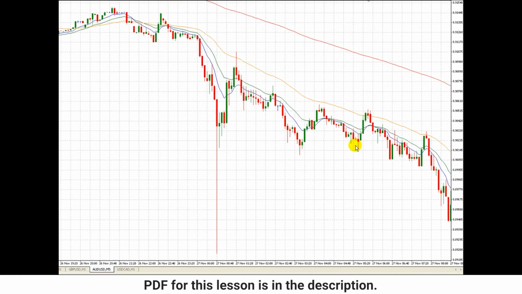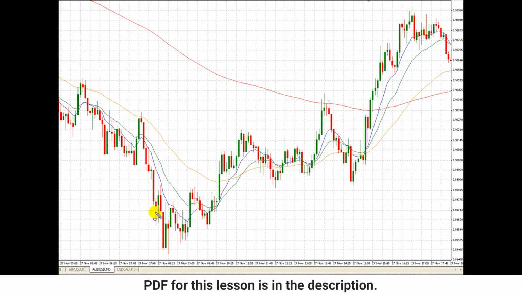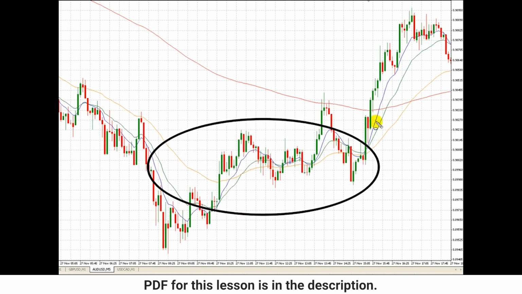So the moving averages are great for giving us a general view of where price is according to its averages. And this allows us to see more clearly what overall trend we are in on the chart. Let me give you an example. Here we can see that price is trending up. But when we add the EMAs, we see that this starting area here is actually still in the downtrending phase, because price is still below the 200 EMA, the red line.